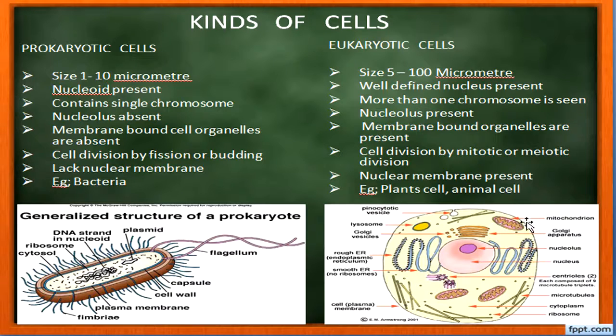See here Golgi apparatus, endoplasmic reticulum, mitochondria, plastids, everything will be seen here. Because this is called eukaryotic cells, understood? So example plant cell and animal cell.